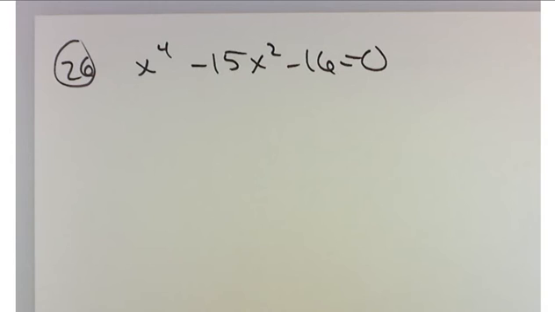This should factor pretty nice, certainly much nicer than the previous one. I think you're going to get a couple imaginary solutions on this one, and that's okay.